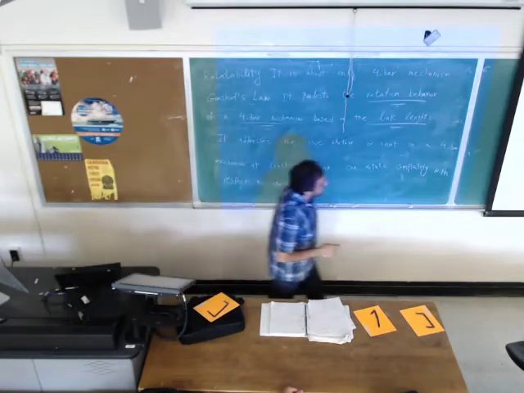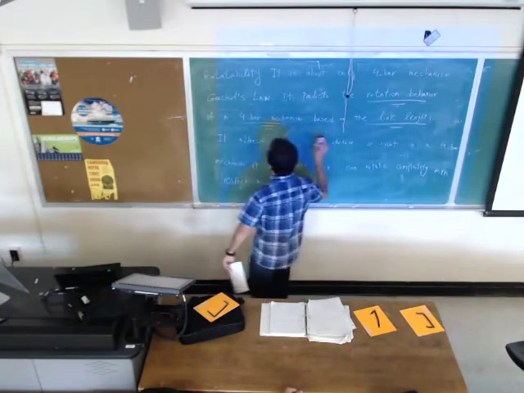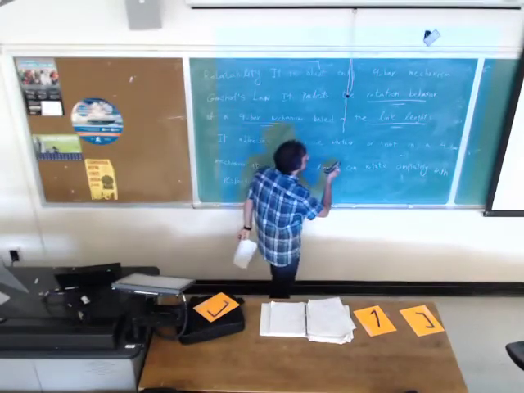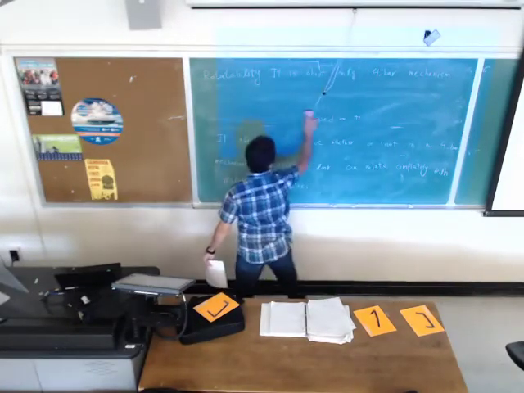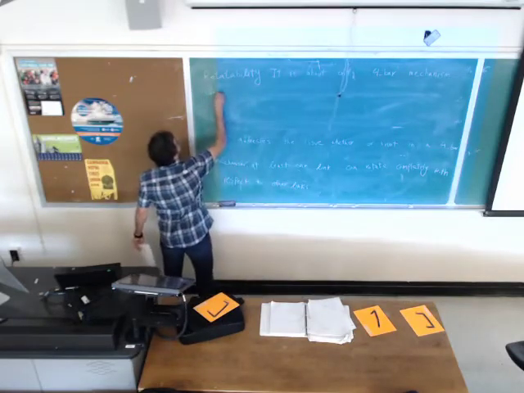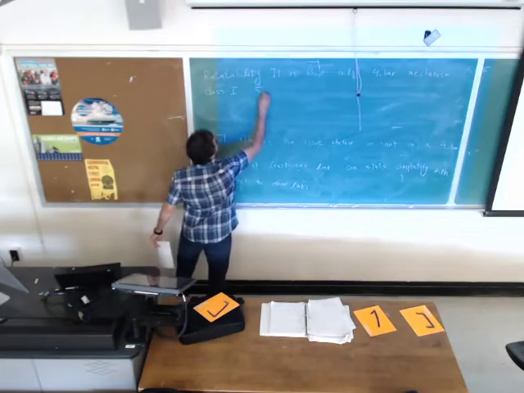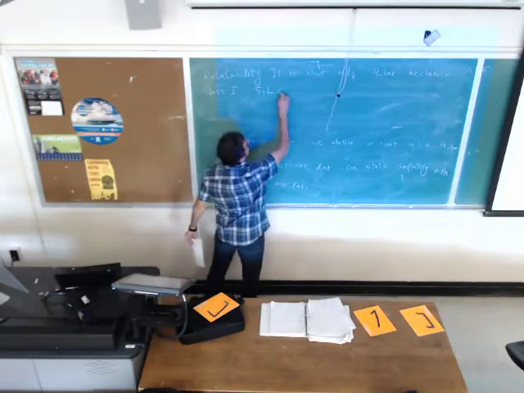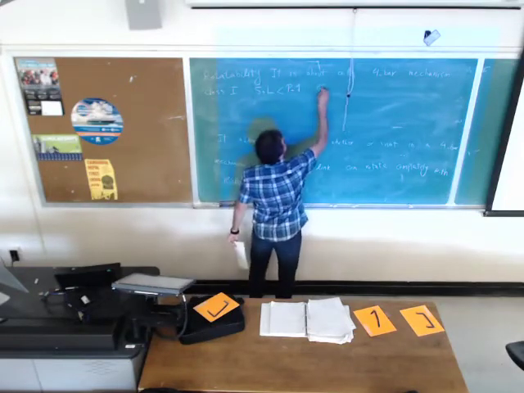The book has classified them into mechanism class 1, class 2, and class 3. Class 1: S plus L less than, not equal to, P plus Q. It's a Grashof mechanism, class 1.